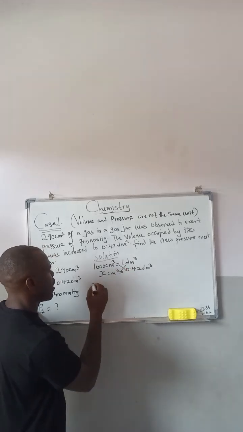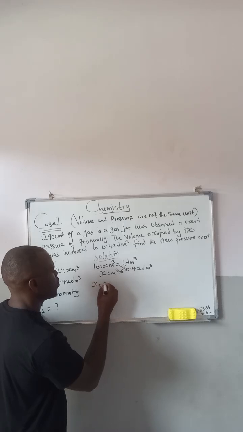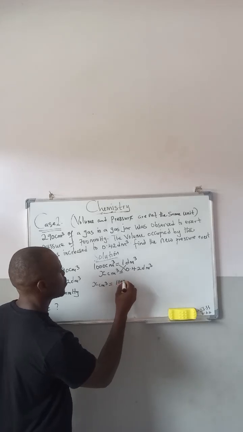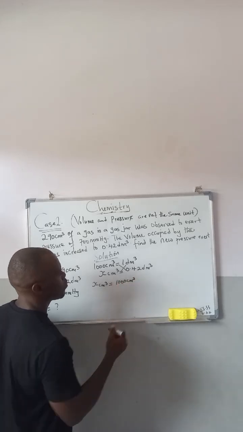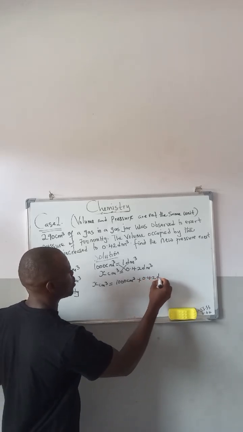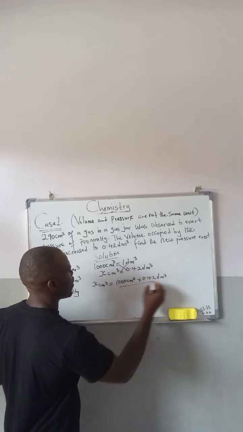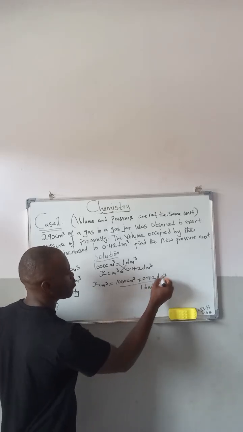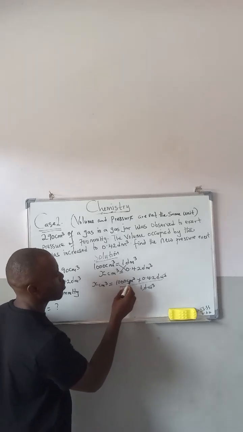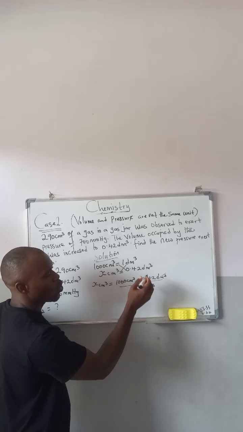We now have x cm cube is equal to 1000 centimeter cube multiplied by 0.42 dm cube divided by 1 dm cube. So this dm cube and this dm cube will go. So we now have 1000 centimeter cube times 0.42.